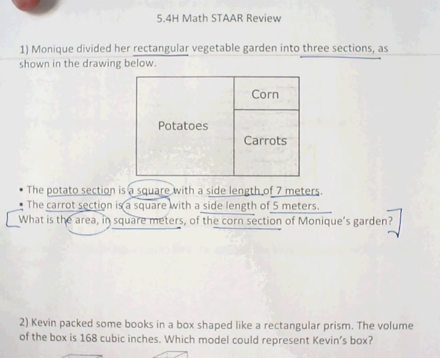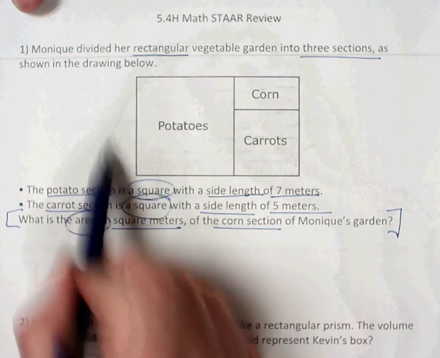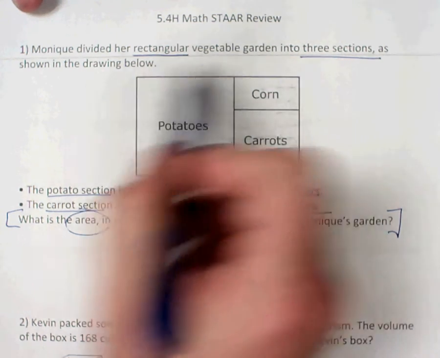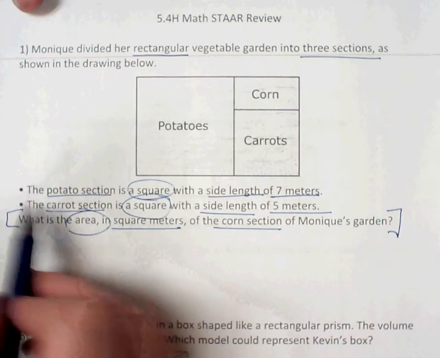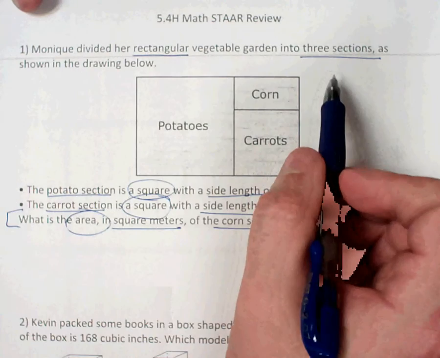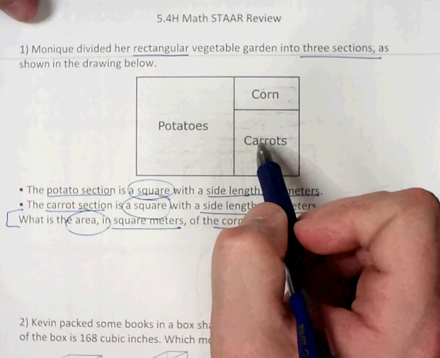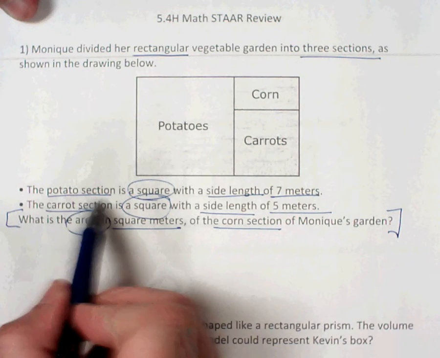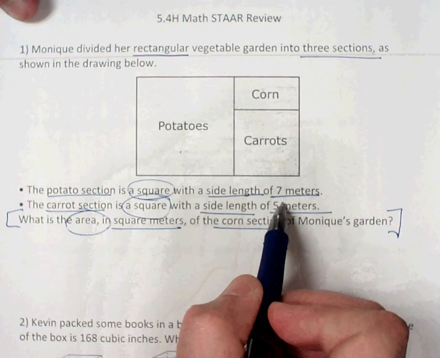So the first thing we need to do when we've got a diagram like this is mark up the diagram. Every piece of information that we're given, we need to put on the diagram. All right, so let's start with this first bullet point. The statement up here doesn't give us a lot of direct information about the diagram itself. It just explains the diagram. So potato section is a square with side length of 7 meters.